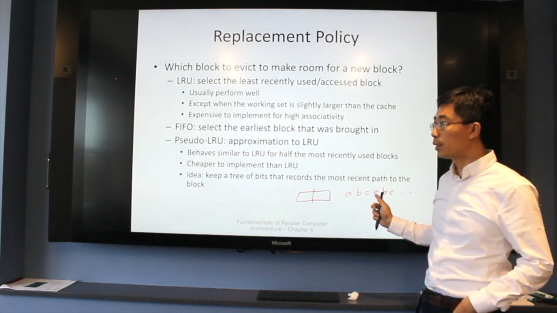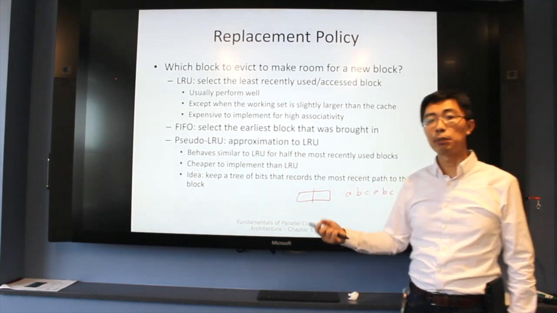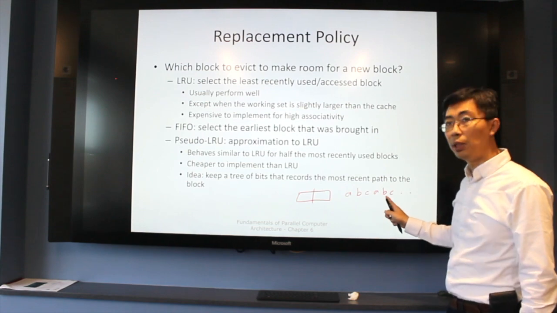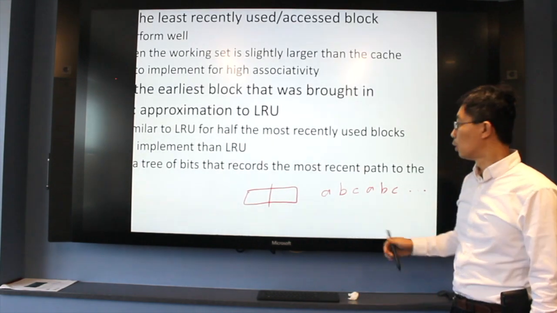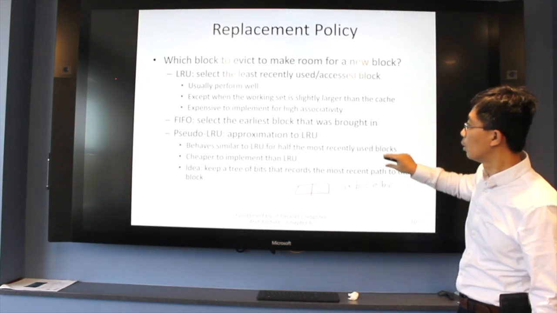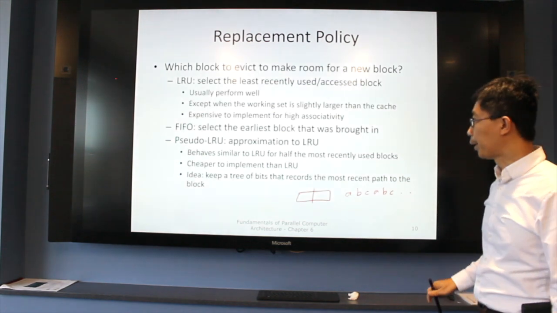So when we miss, we bring it in and we evict B. That's because B is the least recently used compared to C. So when we access B, we miss again, and so on. So in this case, the miss rate will become high.